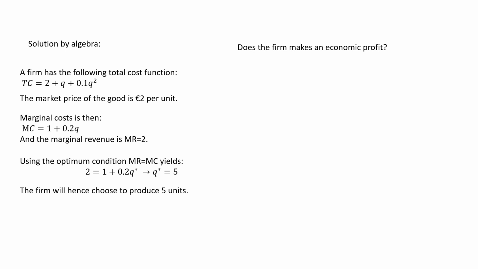Another possible question is whether the firm makes an economic profit. In order to see that, you will need the average total cost. The average total cost is nothing else than total cost divided by q.